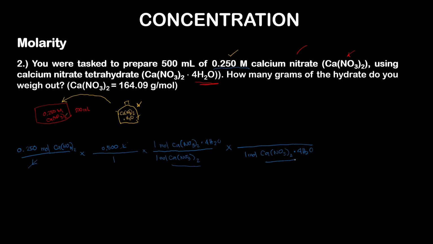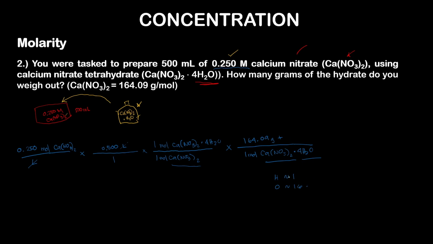So we know this is 164.09 grams. Plus, we have an extra water here. If you look at the periodic table, hydrogen is approximately 1 and oxygen is approximately 16, or 15.999. That's just 16.